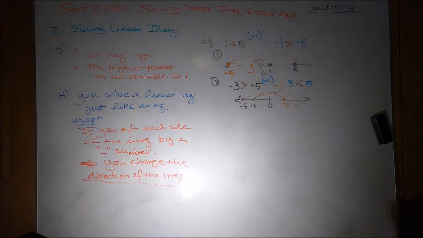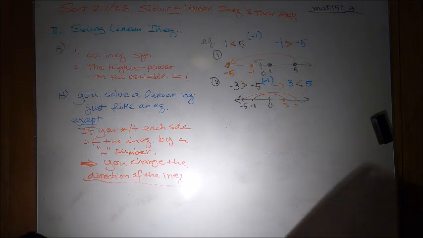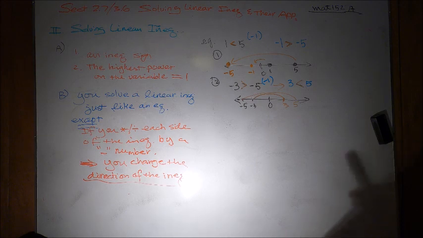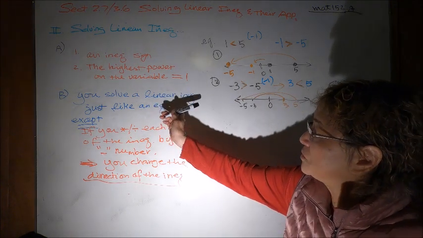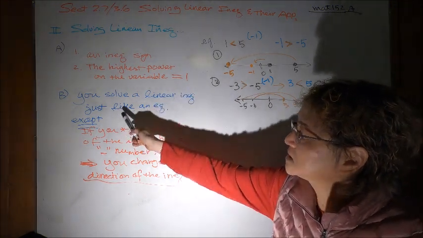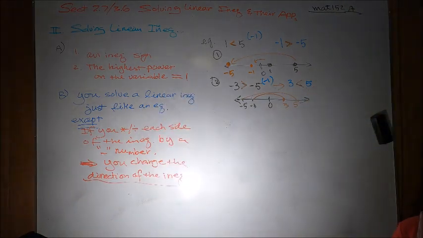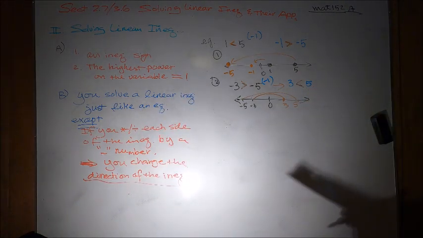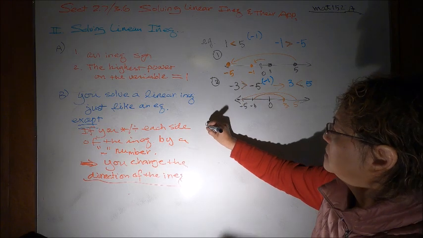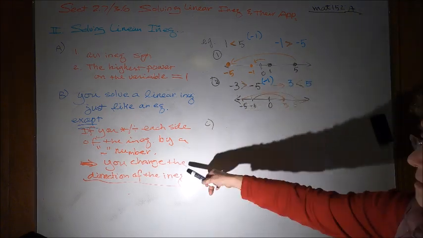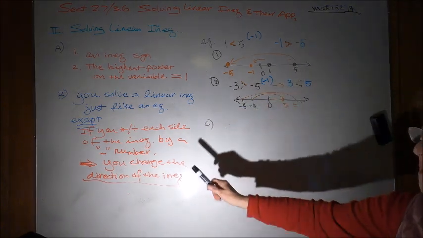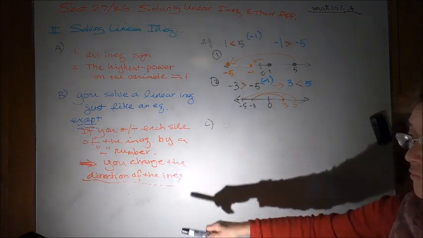Right? So, at the same time, we said we solve a linear inequality just like an equation, same way, except when you do certain things, you need to watch out.